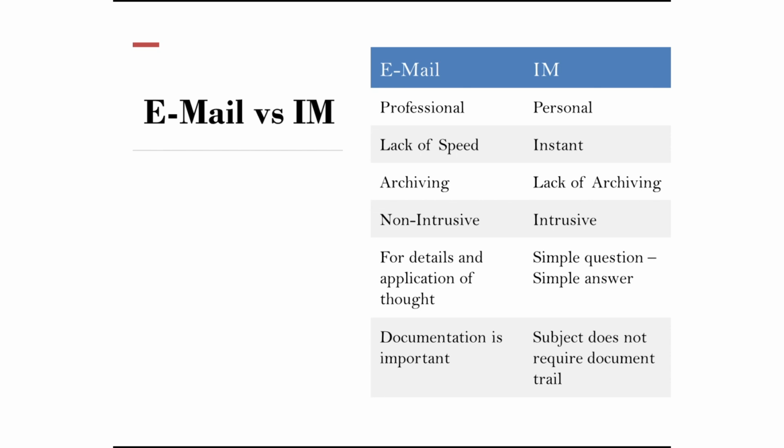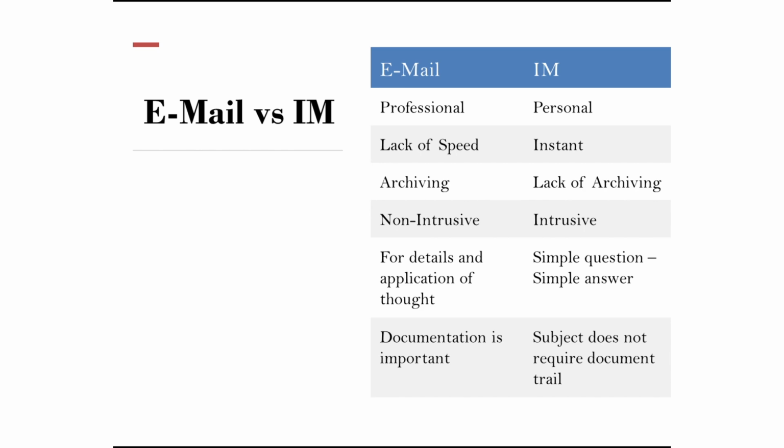Emails are non-intrusive because you can take your own time to look at your emails at a particular point of time, think about the email, paraphrase your replies, and then write it. Instant messaging is mostly intrusive. You are expected to reply instantly, and you may not have the time or the bandwidth to think properly before you reply. Emails are generally useful for details and application of thought.